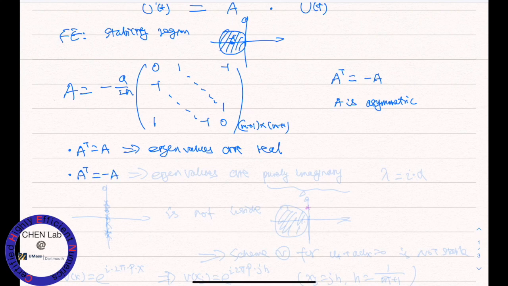And when it's -A, there's a theorem in linear algebra that says the eigenvalues are purely imaginary. What that means is that the eigenvalue lambda for A is always going to be equal to i times a real number alpha, okay?